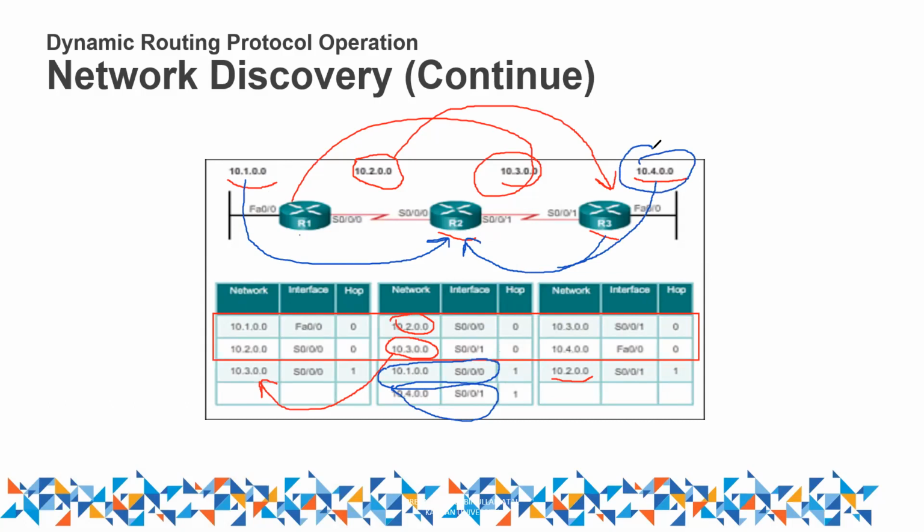Is it clear, guys? So this is network discovery, because the routers must collect this information and store it in their IP table. So how did they do it? First, they did initial discovery, then they did network discovery. In the network discovery, they found the interface IP addresses of the whole network's routers. Very good. Let's move on.